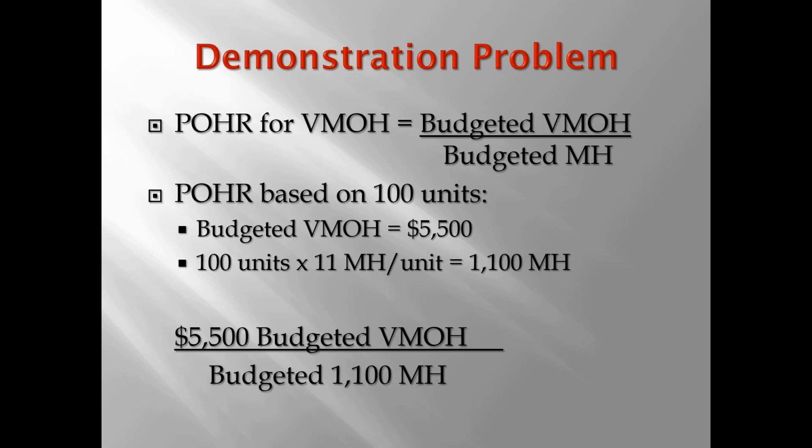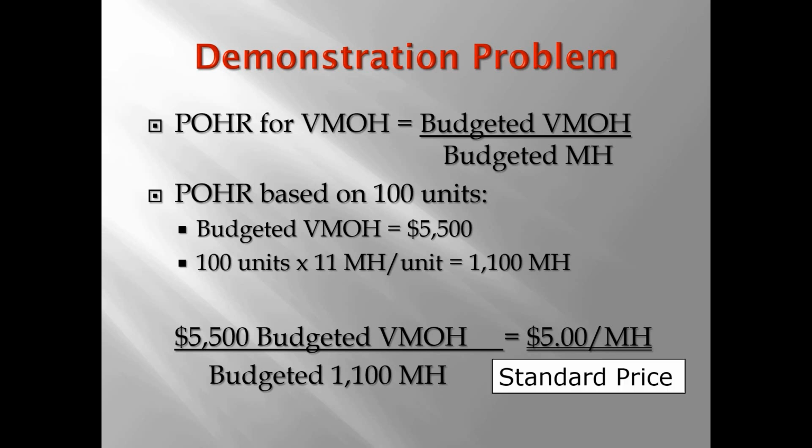Now, all we have to do is put that information into our formula, and it tells us that the predetermined overhead rate for variable manufacturing overhead is $5 per machine hour. And that becomes the standard price for variable manufacturing overhead.